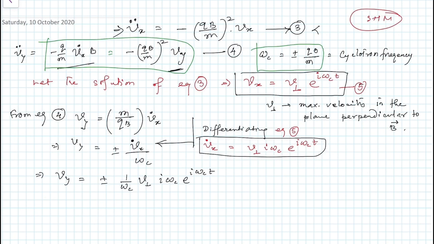Then omega c cancels, so this turns out to be Vy equal to plus minus i V perpendicular e to the power i omega c t. This is equation number 6. Okay, so now we have got equation number 6.